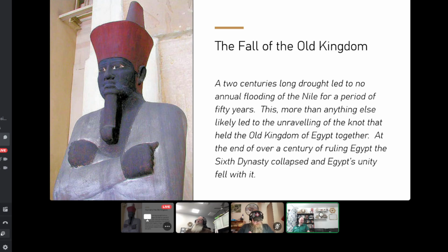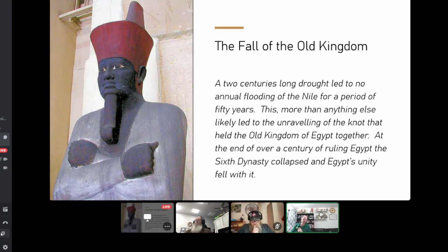And what began to happen is the position of the nomarchs even became hereditary. So now it wasn't just the pharaoh who was trying to pass his crown on to his son or grandson, but the nomarchs themselves had become hereditary. So what happens is you create a nobility class, right? You already have the pharaoh and his family, and right below that caste is the caste of the priests of the gods.